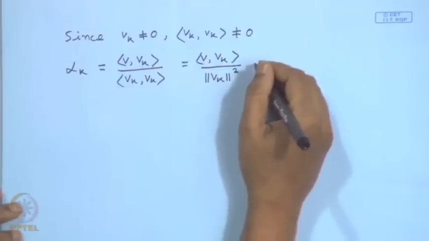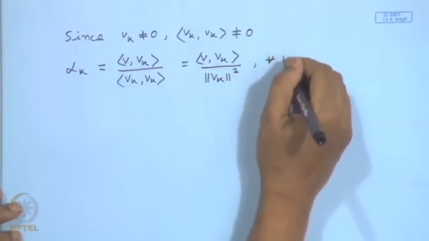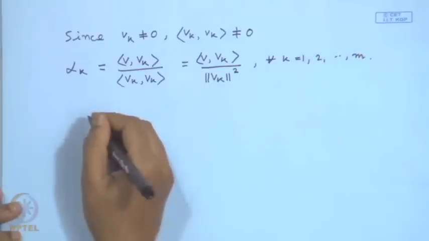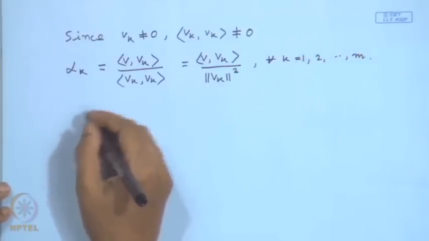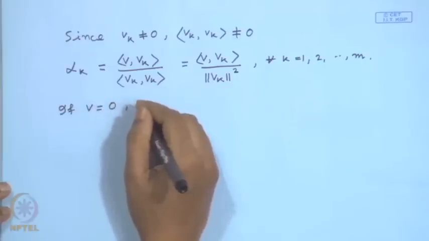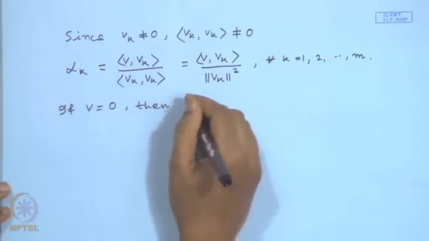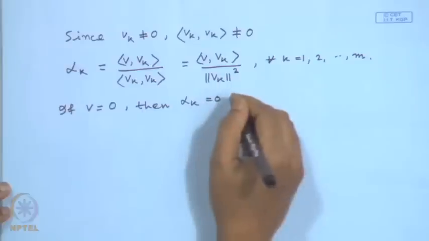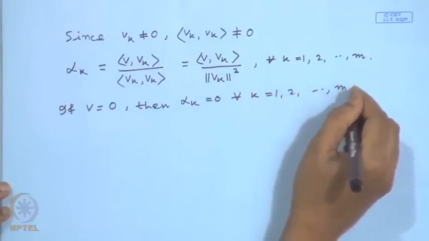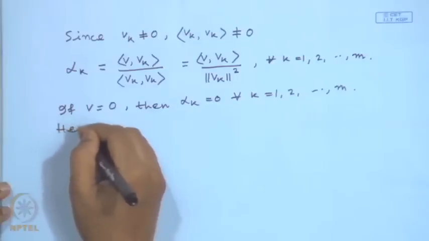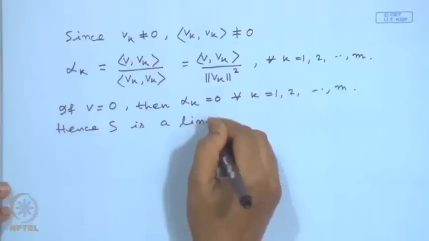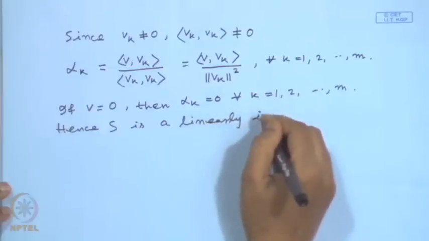So, this is true for all k from 1 to m. Therefore, if v is equal to 0, then alpha k is equal to 0 for all k from 1 to m. Hence, this S is a linearly independent set.